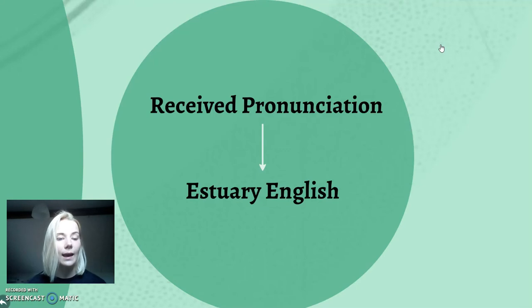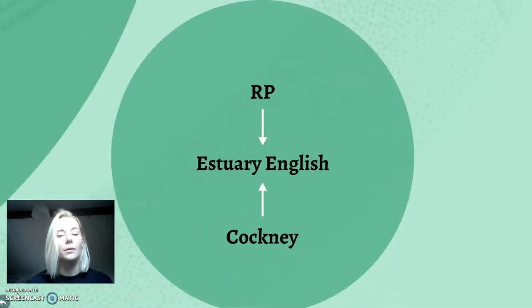Cockney is a dialect which is spoken by the working class in London. So this you can see right here. So estuary English is less posh than RP, but it's not as working class as Cockney.